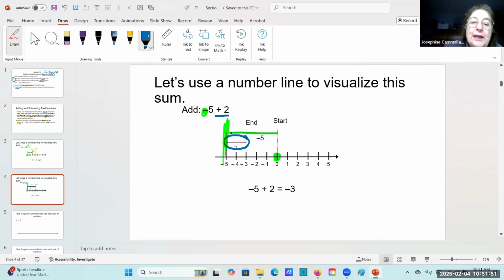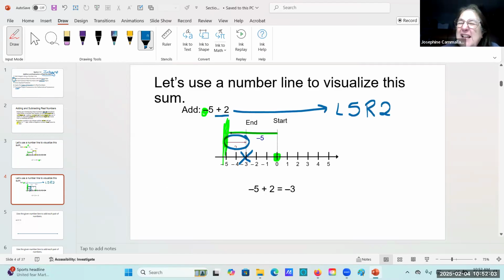I end up at -3. This is translated left 5, right 2. That's what you got to think. Left 5, right 2. And where do I end? -3.